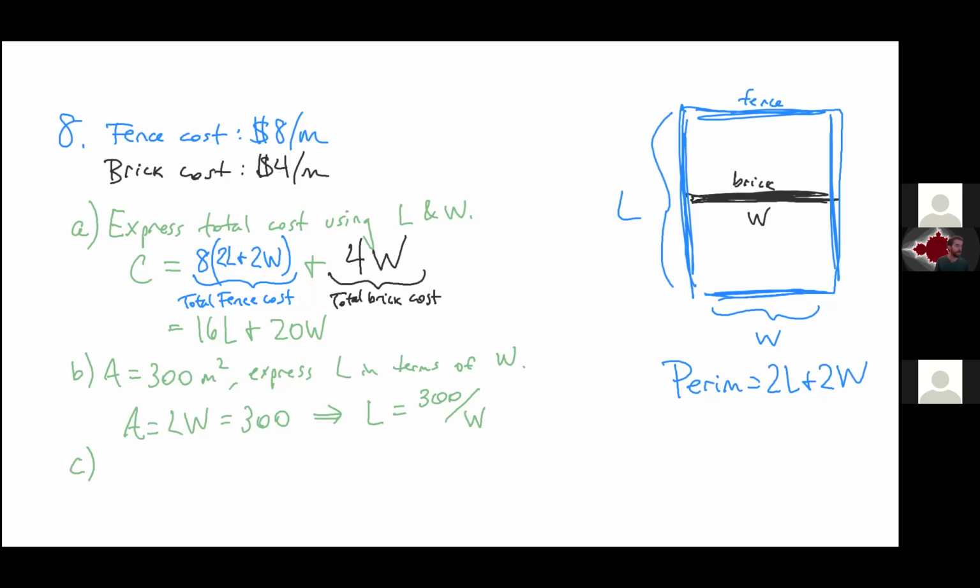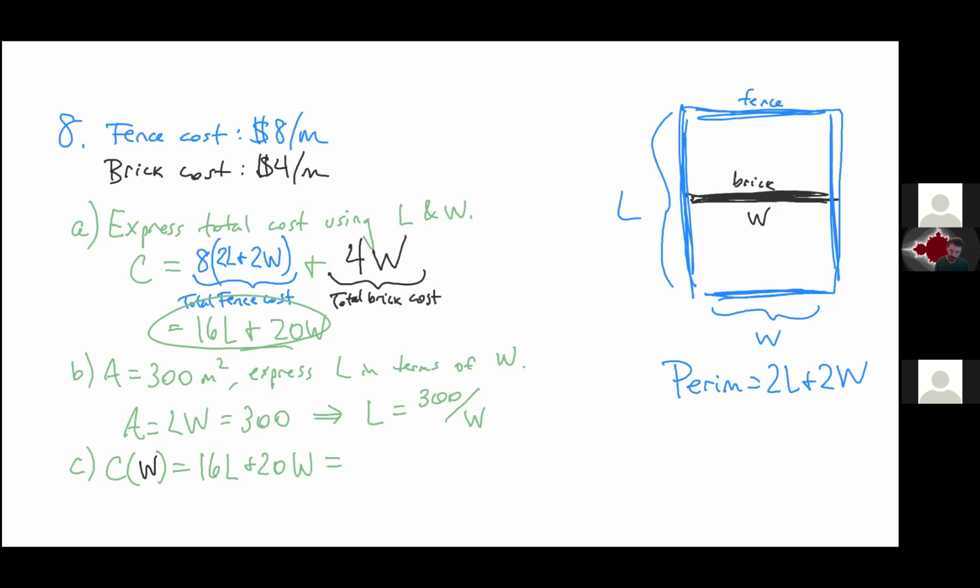Use part B to express the total cost of brick and fence in terms of the width only. Okay, total cost. So I'll just call it C, where I only want to use width. In terms of width, well, we know from part A we have that, so I'll jot that down.